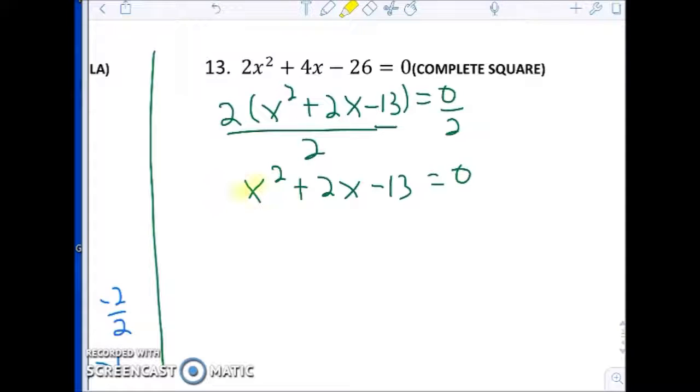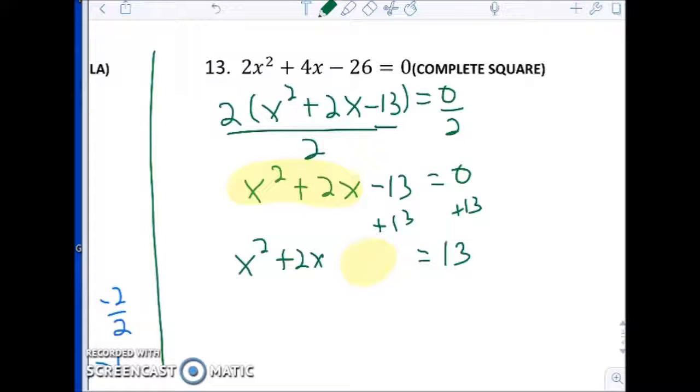Now to complete the square, I need to get these terms by themselves with a blank in there, so I'm going to add 13, and when I rewrite it, I'm going to leave some space. X squared plus 2x equals 13. And then I need a number in this space to make this a perfect square.